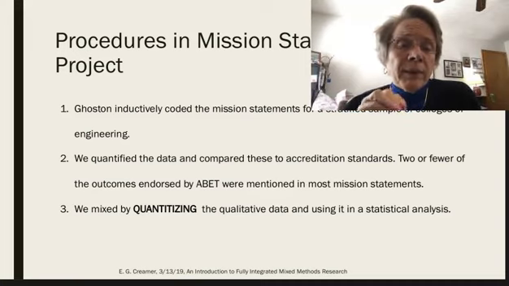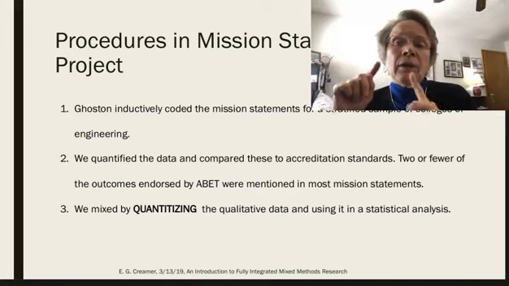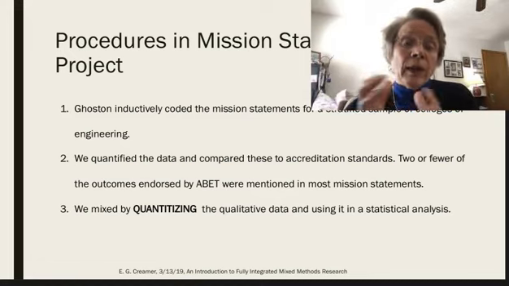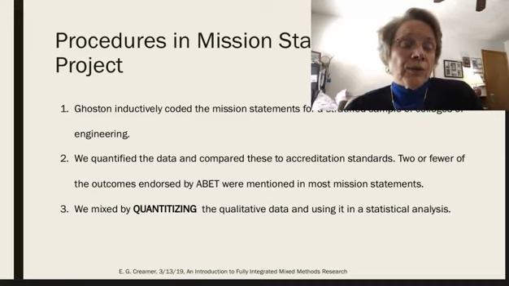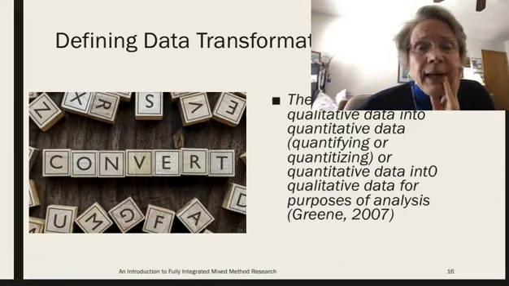One of the ways we mixed after the open coding was by both quantifying and quantitizing the qualitative data that we had coded. This is referred to as data transformation in mixed methods research, and it's a type of mixing at one point.